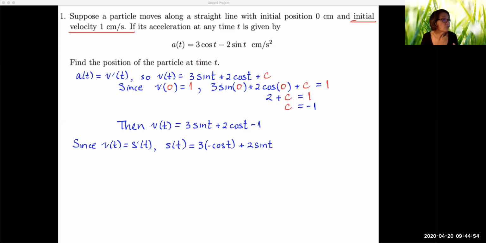So we're going to have plus 2 times sine t. And then the antiderivative of negative 1 is negative t. And then we have plus a constant. So s of t is 3 times negative cosine t plus 2 times sine t minus t plus some constant d.